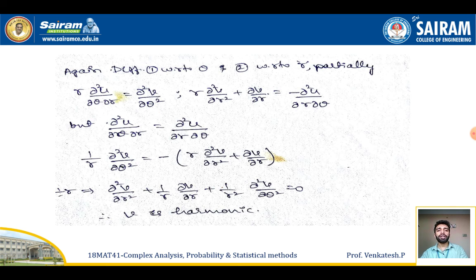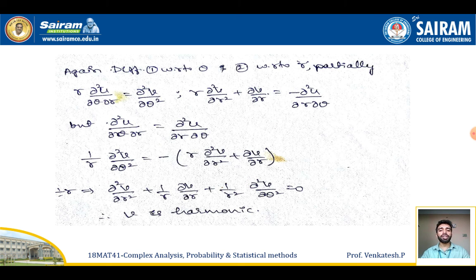So I get (1/r) ∂²v/∂θ² = -(r ∂²v/∂r² + ∂v/∂r). Now simplifying this equation and dividing the entire equation by r, I get ∂²v/∂r² + (1/r) ∂v/∂r + (1/r²) ∂²v/∂θ² = 0.